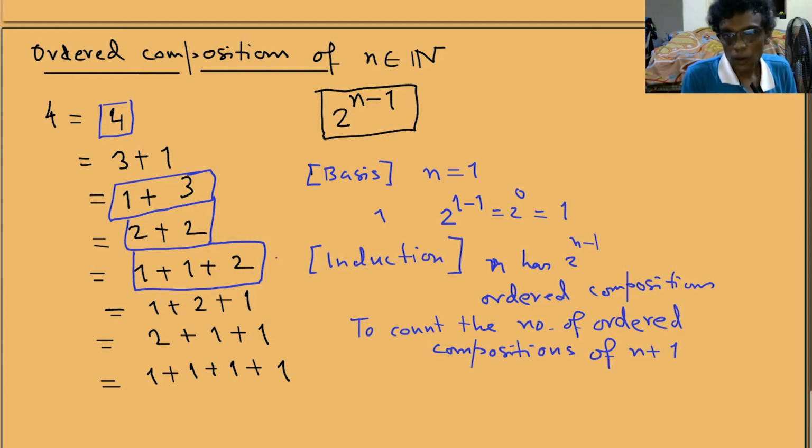So what I do, I start with a composition of n. So n plus 1 is 4, n equal to 3. It is getting full, let us open another page.